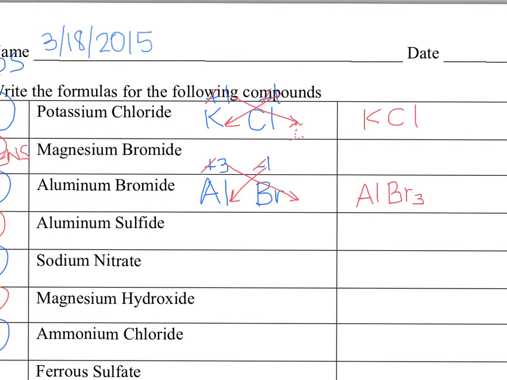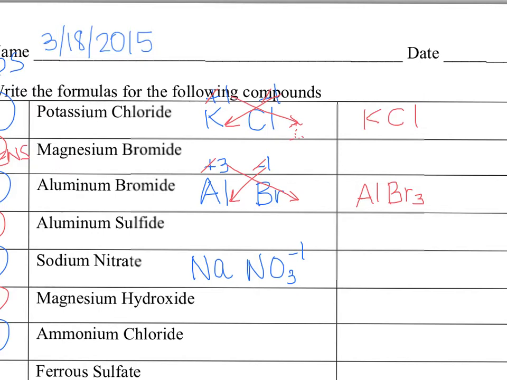Okay, come down here to sodium nitrate. So we write sodium. Sodium is Na. Nitrate, if you look on your ion sheet, it is NO3, and it also tells you that its charge or oxidation number is -1.